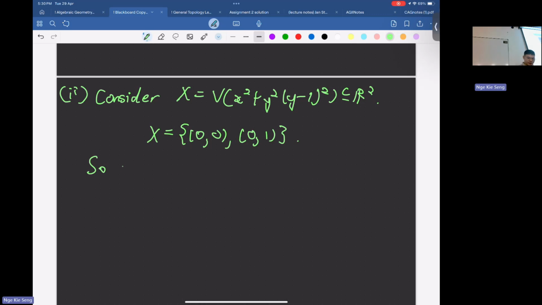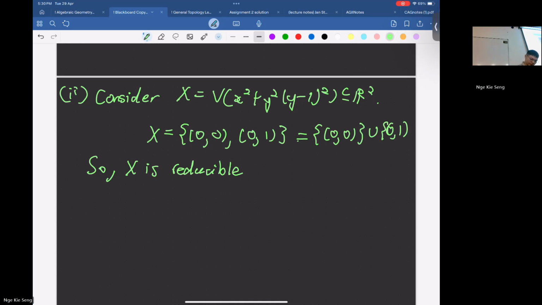So really, you can say that this set is reducible, because you can write it as the union of the origin and the other point: V of the ideal generated by x, y, and V of the ideal generated by x and y minus 1.